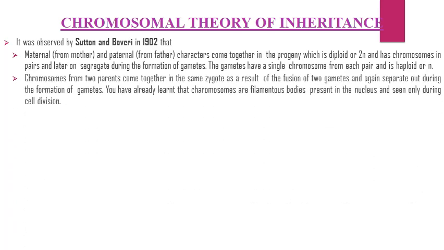Chromosomes from two parents come together in the same zygote as a result of the fusion of two gametes and again separate out during the formation of gametes. You have already learnt that chromosomes are filamentous bodies present in the nucleus and seen only during cell division.